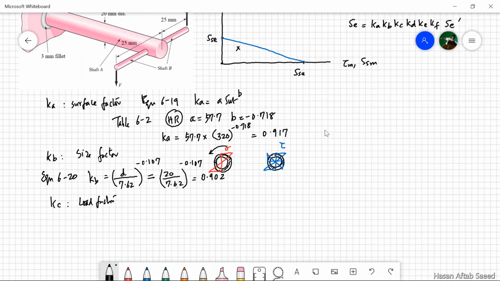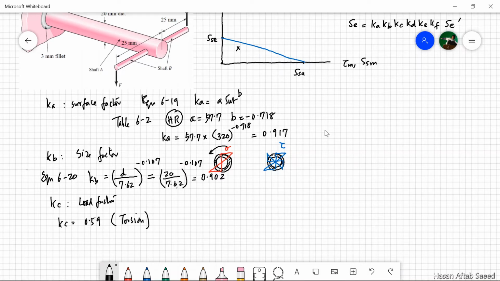In axial problems, you have been using Kc equal to 0.85, and in bending you have been using Kc equal to 1, because that is the same kind of loading that is used in the rotating beam specimen. Here you are going to use Kc for torsion equal to 0.59.